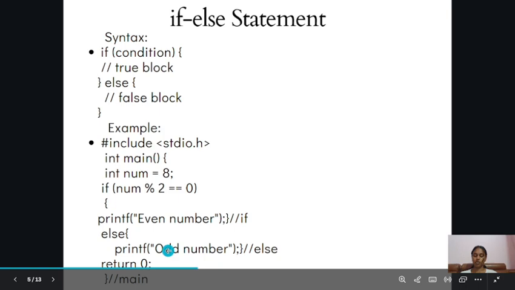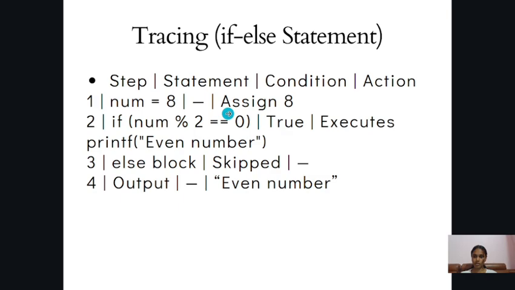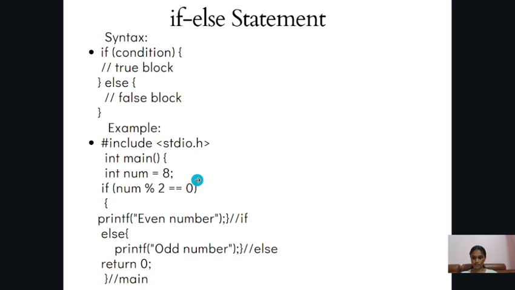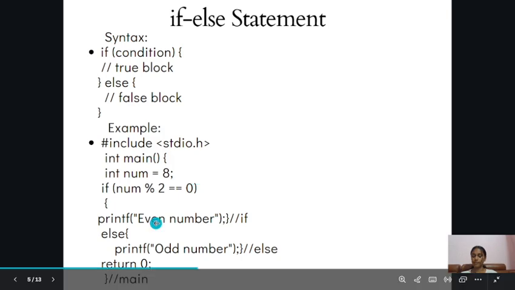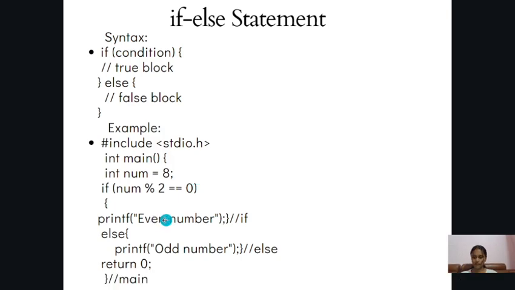Here we assign number equals 8. Then 8 modulo 2 is equal to 0. If 8 percent 2 is equal to 0, the if statement's true block of the code will execute.